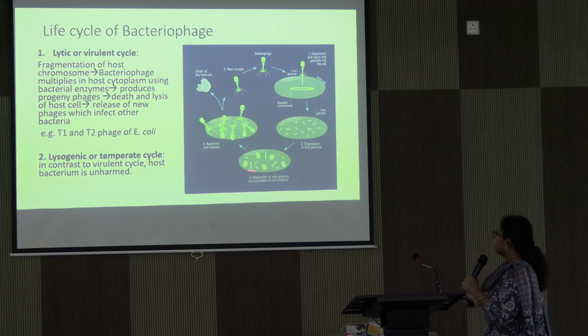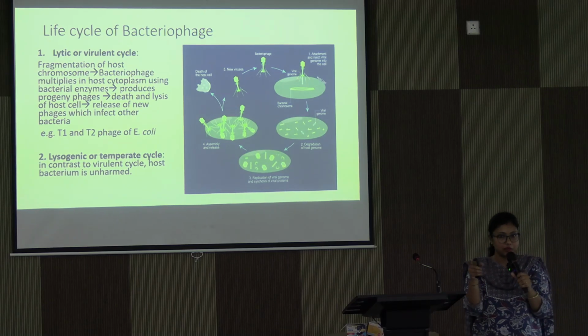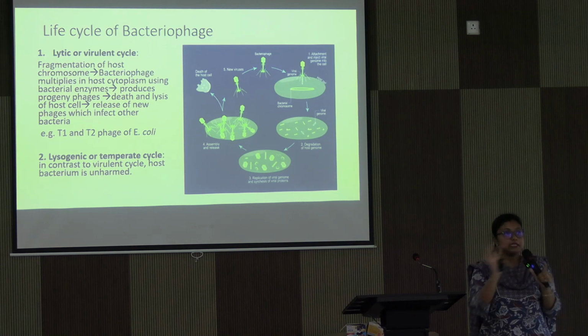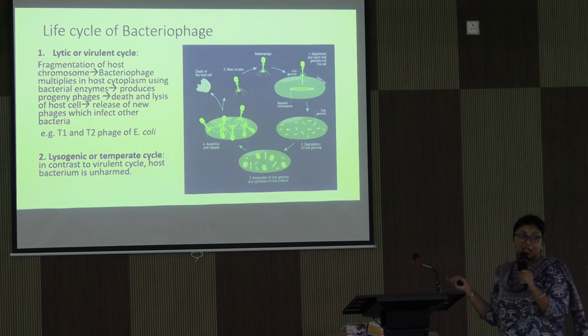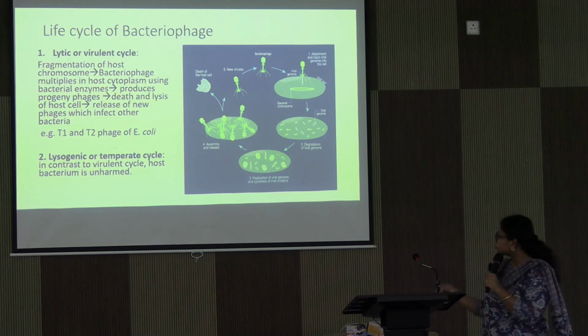Later on, one will have the head of the phage, one will have the body of the phage, all these things. So all these proteins are getting formed inside the bacterium. Later on, there is assembly and packaging into different small phages.